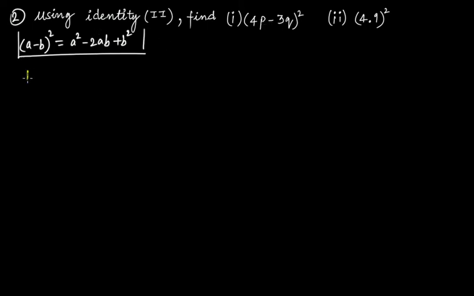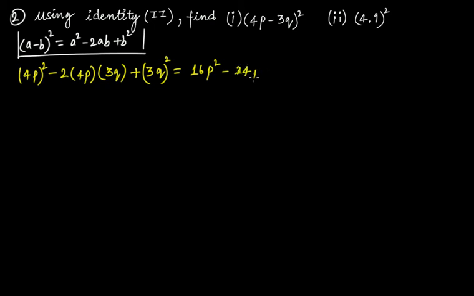So this becomes (4p) squared minus 2 multiplied by 4p multiplied by 3q, because 2ab, plus (3q) squared. (4p) squared means 4p multiplied by 4p, that is 16p squared, then minus 2 times 4 is 8, times 3 is 24, multiplied by pq, and plus 3q multiplied by 3q means 9q squared.